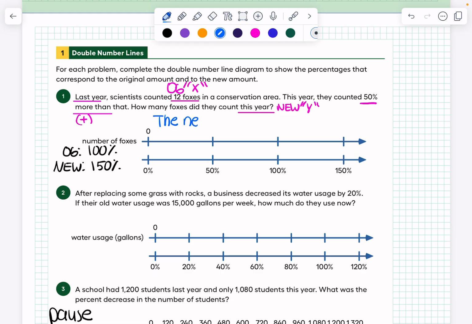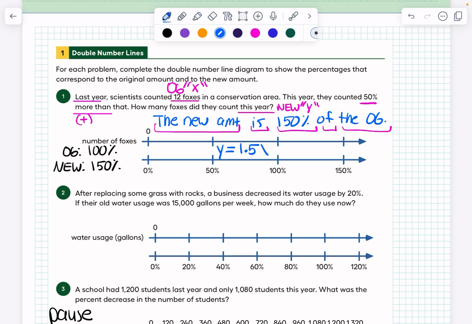The new amount is 150% of the OG. All right, break that down into an equation. And if you break it down into an equation, we would get y equals 150 as a decimal would be 1.5x. Okay, so this is very important.